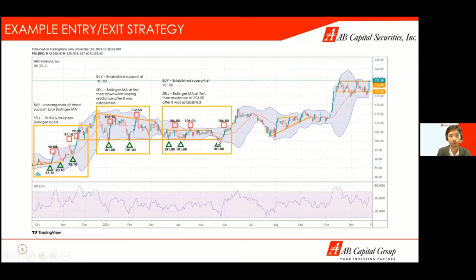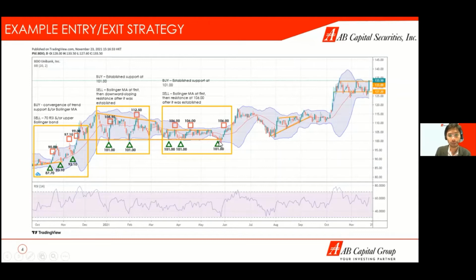And then at this point, it went back down to 101. You would notice there was maybe a month of no activity because it wasn't touching the support. It was staying above the MA. But when it dropped back to 101, which was a support that was tested maybe 1, 2, 3, 4, 5 times before, you have a fair idea that it's going to be a strong support.